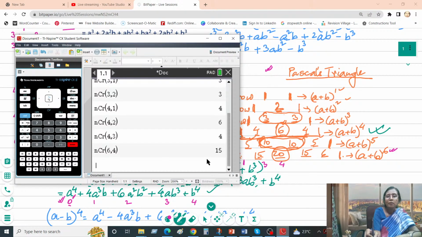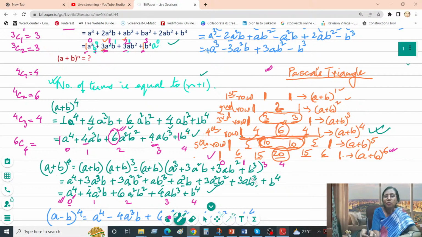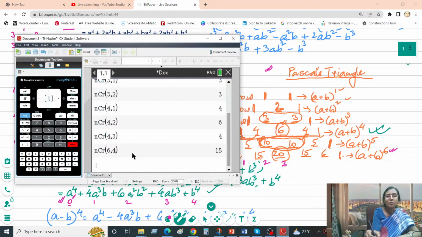Enter. Sorry, it is 15. My bad. It is 1, 2, and then 3. That is why you are getting 6C4, it is 15.